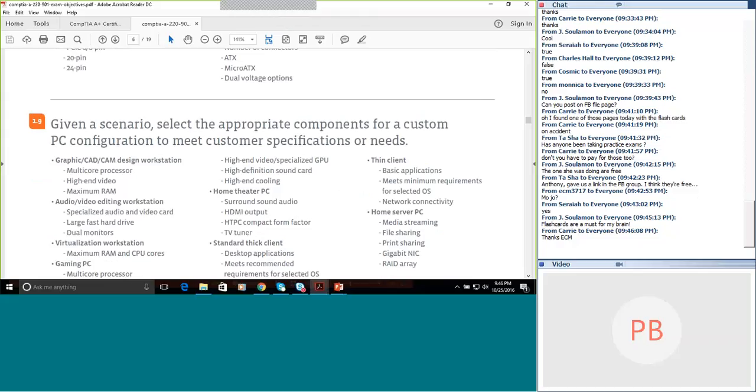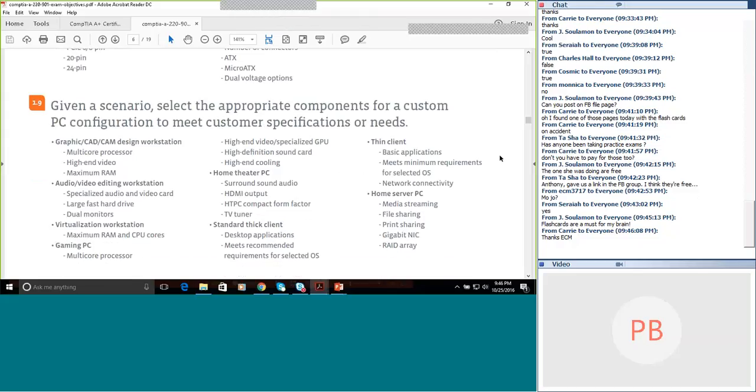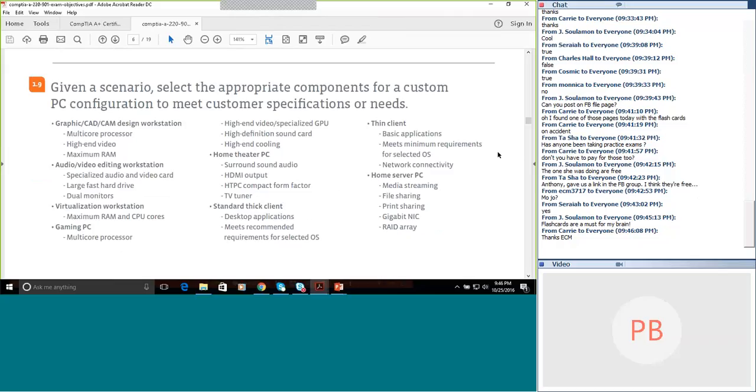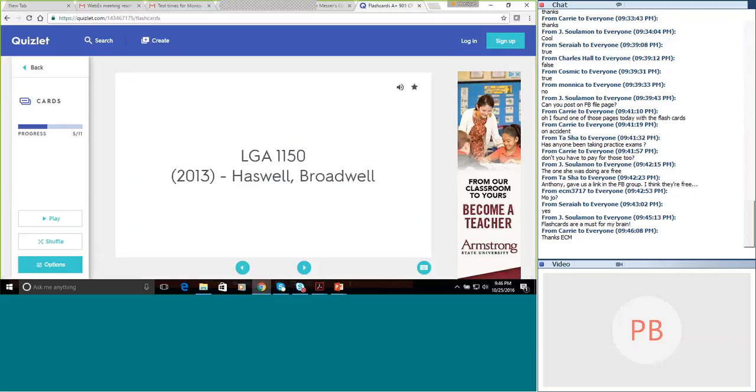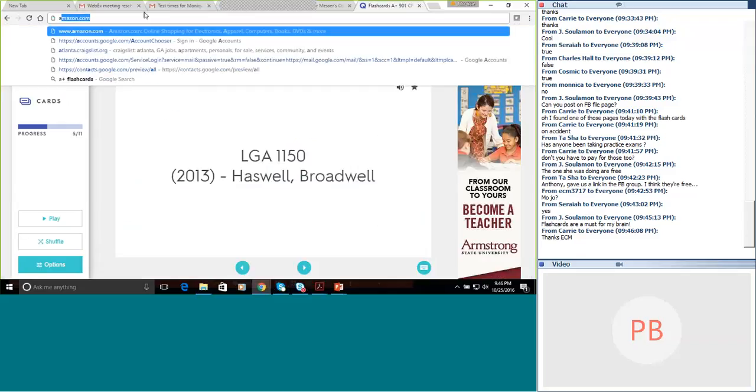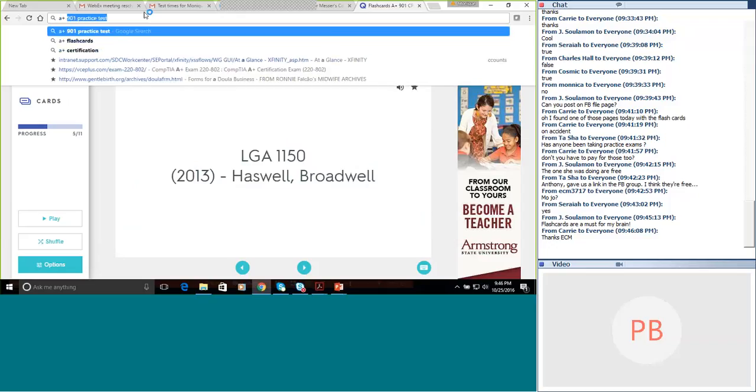Select the appropriate components for a custom PC configuration. Oh, yeah. So, you might have a simulation. Let me see if I can show you a picture. Hold on. A+ simulation.